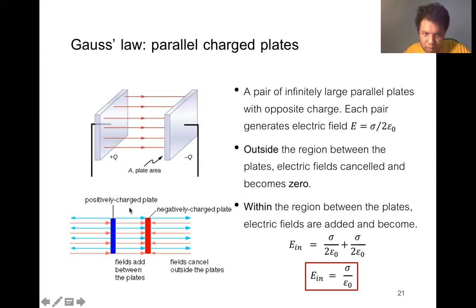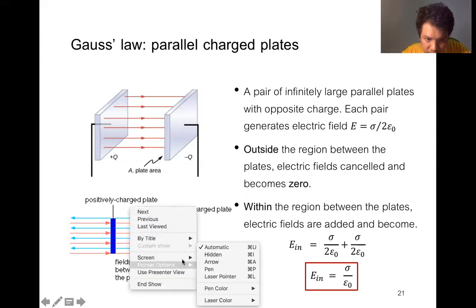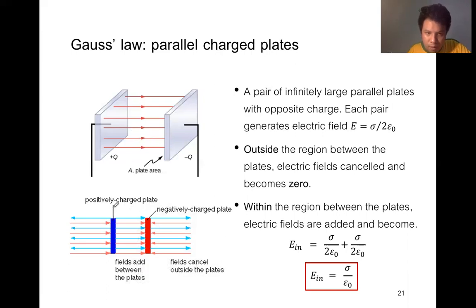So between the plates, we should have an electric field of 2E.